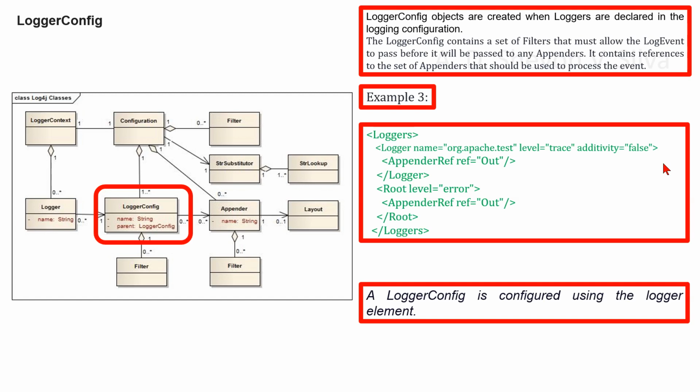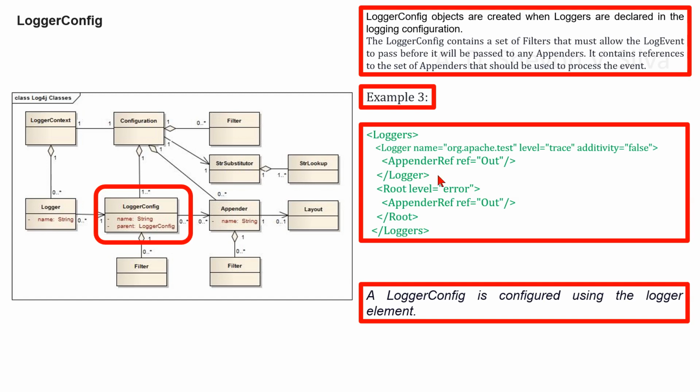A LoggerConfig may also be configured with one or more appender ref elements. Each appender referenced will be associated with the specified LoggerConfig. If multiple appenders are configured on the LoggerConfig, each of them will be called when processing logging events.